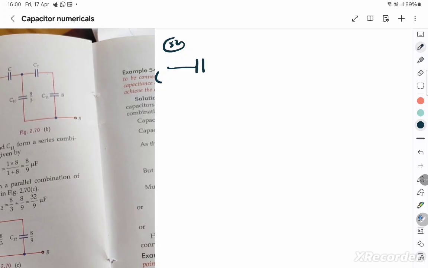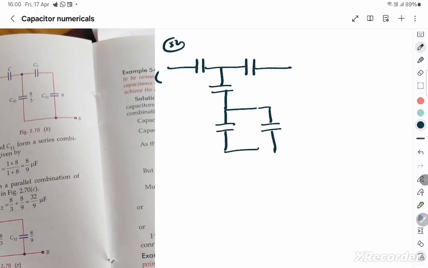You have a capacitor C like this, and which gets into another capacitor like this. It's quite a complicated circuit. I didn't do this in the class, that's the reason I've not taken a picture as well, but let me do each and every sum here. I don't want to miss out on anything.